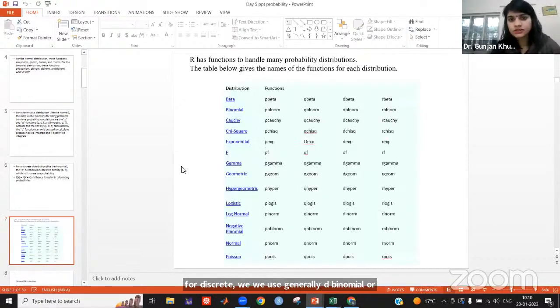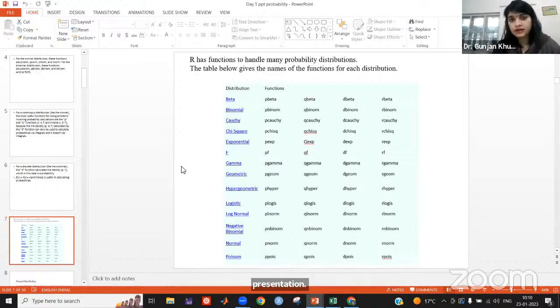Then R has functions to handle many probability distributions. The table below gives the names of the functions for each distribution. So we are discussing binomial, normal, and Poisson in this presentation. They are the most basic ones.